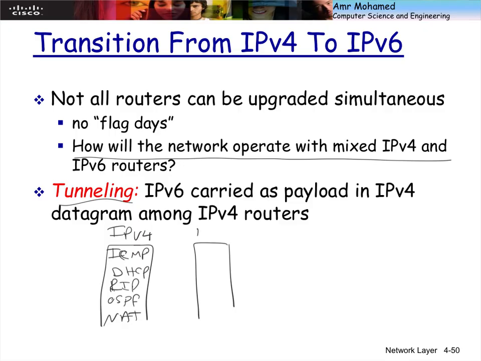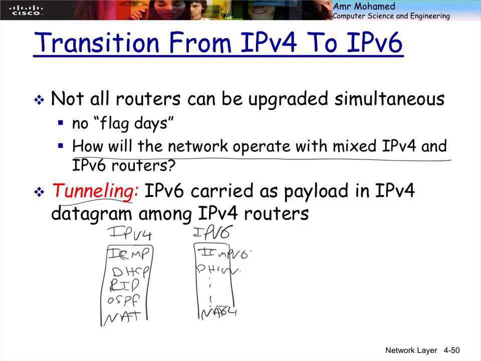We have the IP version 6 stack, which will have ICMP version 6, DHCP version 6, and everything, and NAT64. So these protocols work hand in hand with IP version 6 to deal with the IP version 6 format.